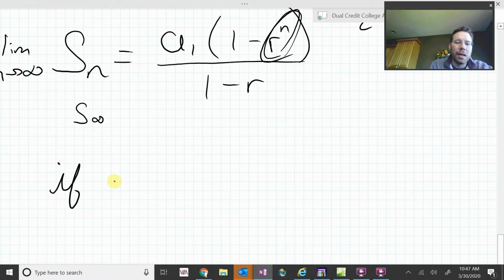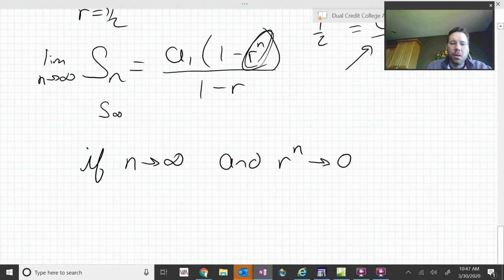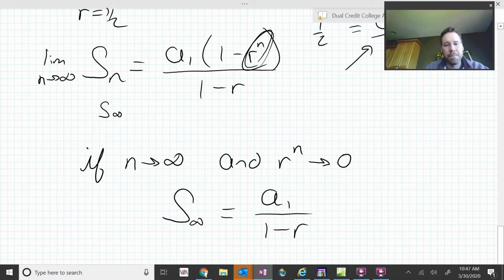So that leads to this formula. If n is going to infinity, and r to the n gets close to 0, the sum of our infinite series that's geometric will be the first term divided by 1 minus r, a1 over 1 minus r.